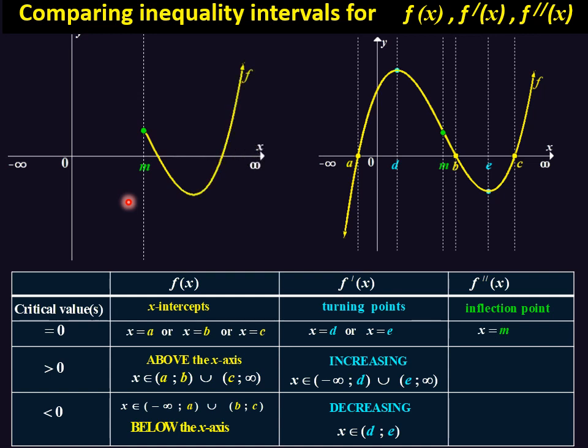Now let's look at second derivative greater than 0. And what did we say that one is? Just follow it. That's right. Greater than 0 means where is it concave up? And you can see it's concave up on which side of the critical value?